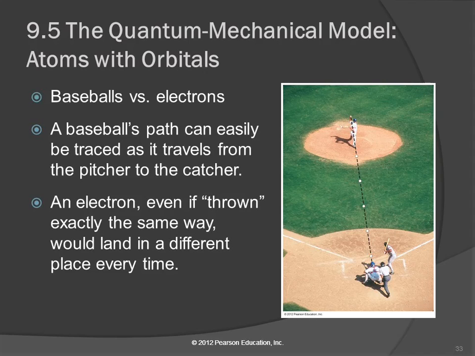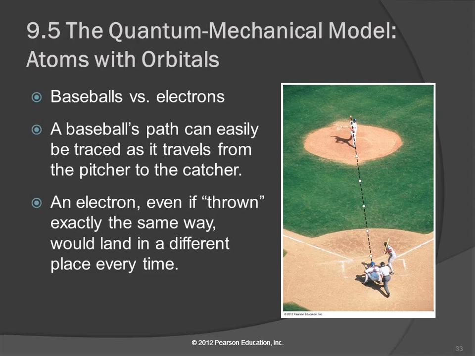When a pitcher throws a baseball, it is predictable where the baseball is going to go. He can do funny things to it. He can make the trajectory do some funny things. He can throw a curveball. He can make it drop suddenly or do a change-up in how he spins the ball and how he releases it. But it is predictable. If he throws the ball in the same way every time, it will go the same place every time.